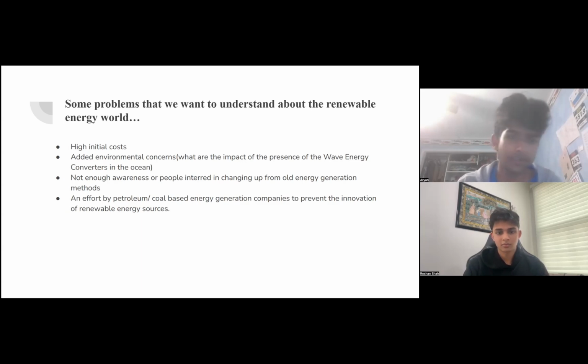And the final problem, which is definitely not the least important, is actually a problem caused by the current petroleum and coal-based energy companies. They're the companies that currently dominate the energy market right now.